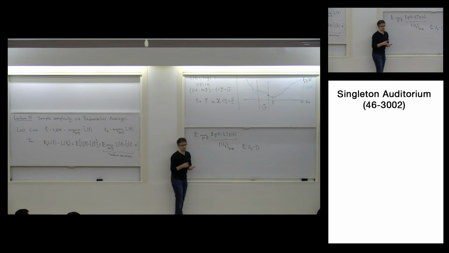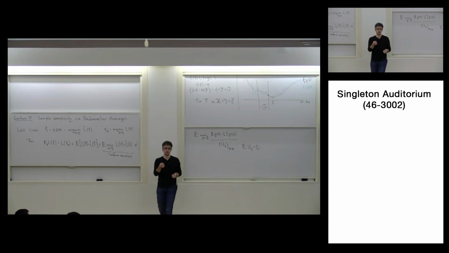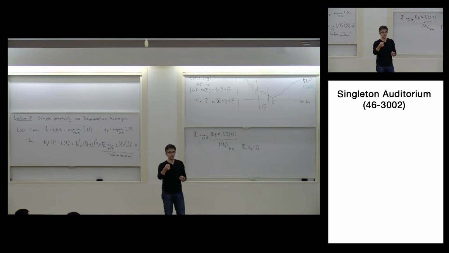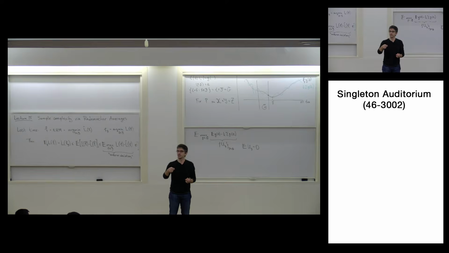But now imagine that you have a coin flip, plus minus 1, tails, heads, with probability 1/2. An unbiased coin, and you have another unbiased coin. What is the expected maximum of 2 coin flips?